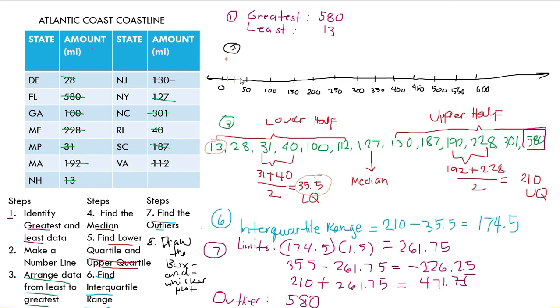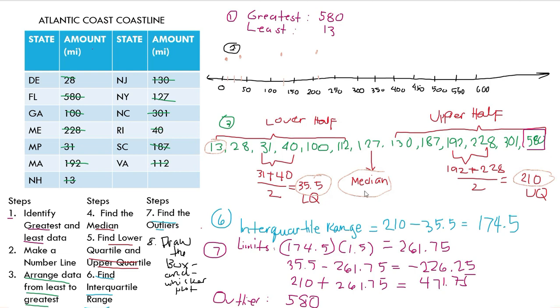The lower quartile is 35.5 and it's somewhere here. Then you identify the median, 127, so it's somewhere here. And then you get your upper quartile, 210, which is somewhere here.